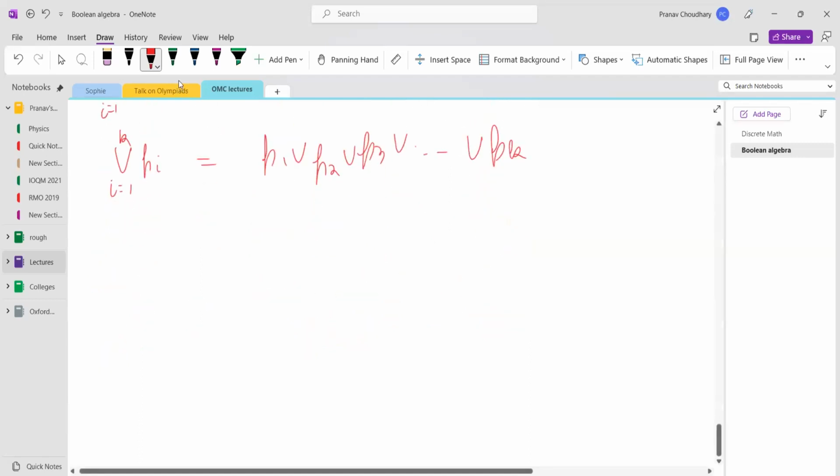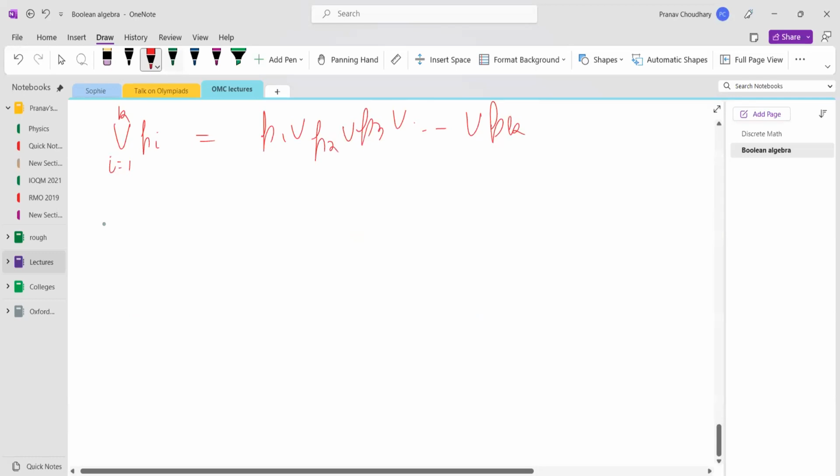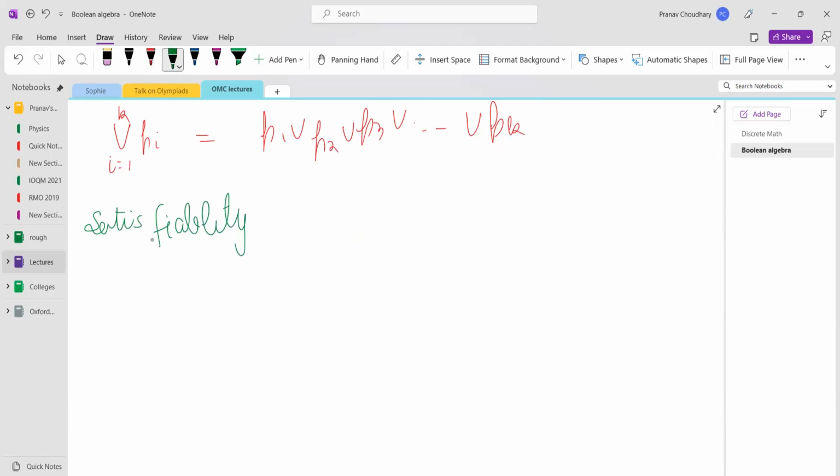Okay. Next we talk about satisfiability. So you have a bunch of expressions. Is that called an expression? Yeah, okay, I'll call it an expression for now. An expression can be like P or Q. So this is one expression.